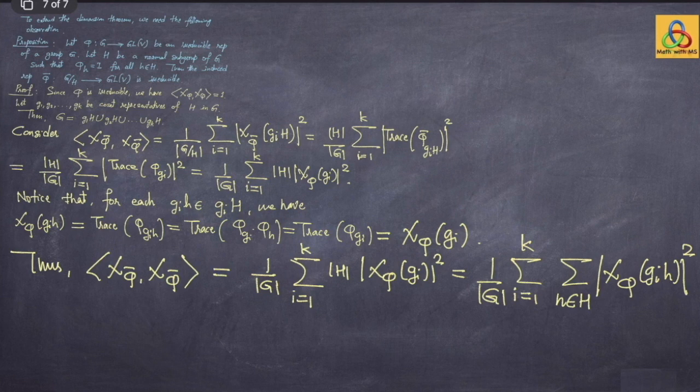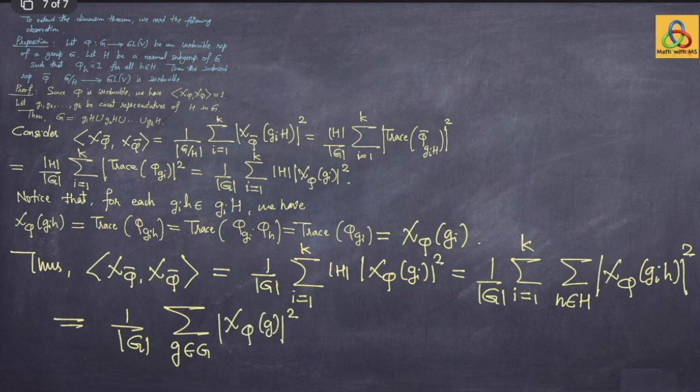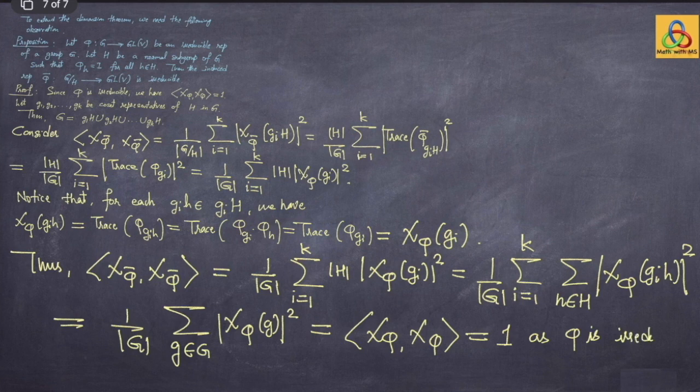Alright, but since the cosets form a partition of the group G, this double summation is the same as summation over little g in the group G of chi phi of g mod square. But what is this? This is just the inner product of chi phi with itself, which is 1 because phi is given to be irreducible. Thus, we have shown that the induced representation phi bar is also irreducible using the irreducibility criterion.